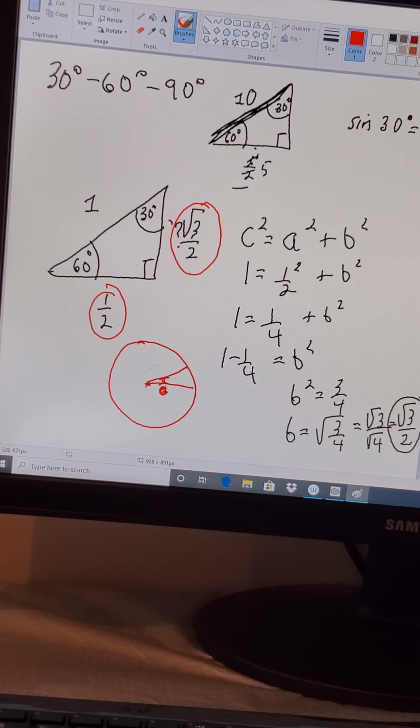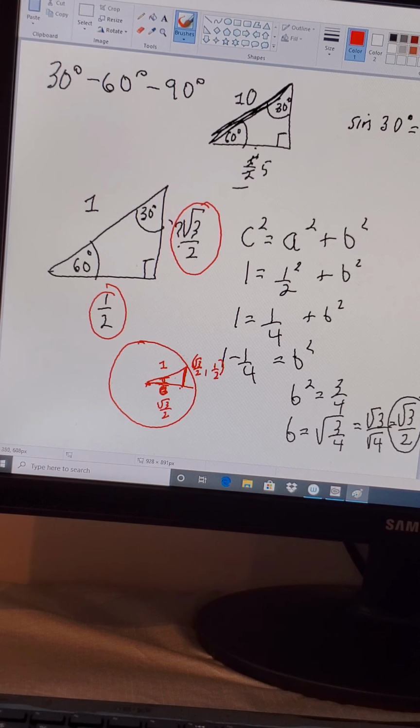So now I'm going to flip my triangle. If this is 30 degrees, in order for me to arrive at this point, I created a right triangle with a hypotenuse of 1 and 30 degrees. The two other sides, I've already proven, have to be, so now it's just the opposite, root 3 over 2 to the right, and a half.